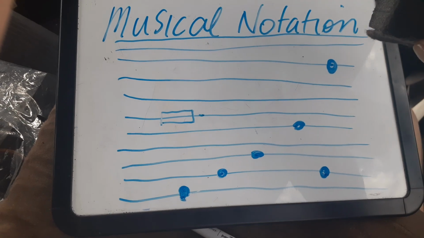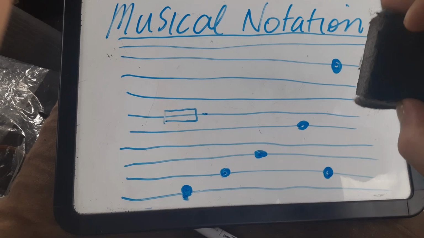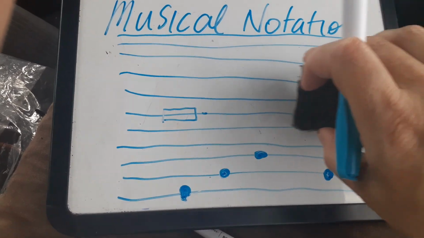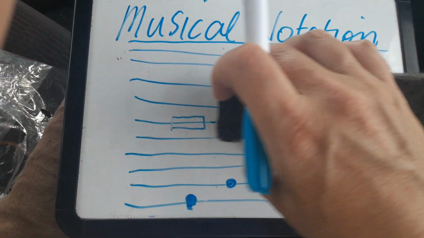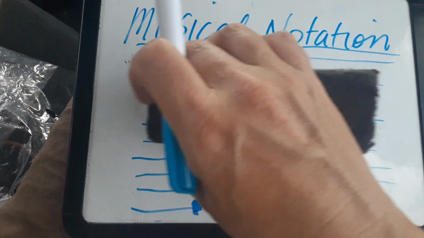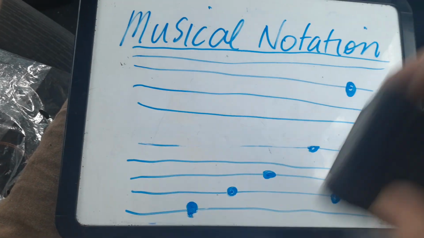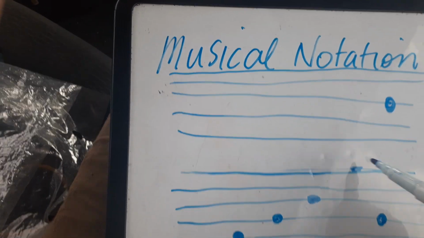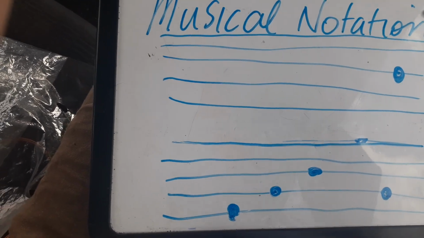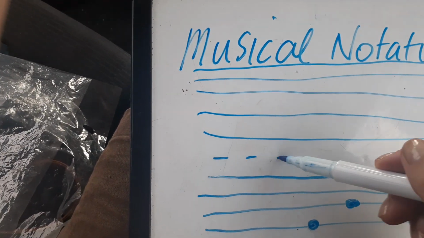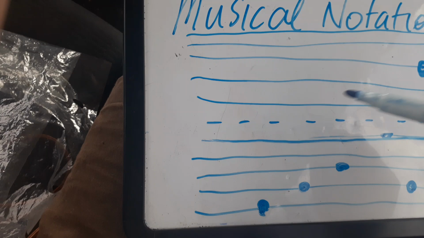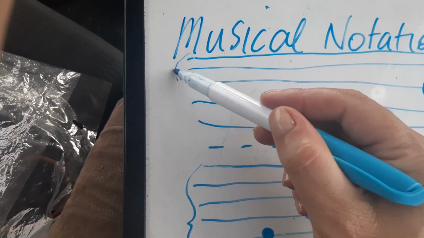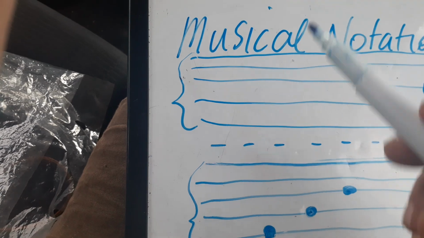So we had the top 5, 1, 2, 3, 4, 5 lines they kept, and the bottom 5 lines they kept, and that middle line they got rid of. And that middle line was the pitch that we now designate middle C, so we'll just keep that as an imaginary line. And then they said, okay, this can be for the men to read, and this higher one can be for the women to read.